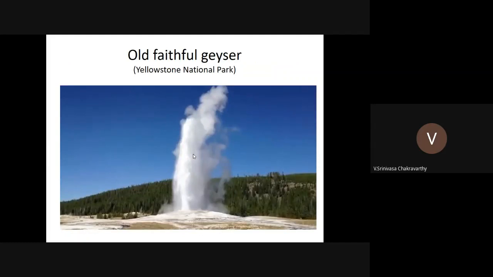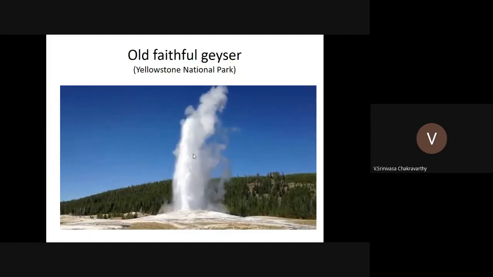The specialty of this is that a huge jet of hot water bursts out of this hole once in every so many minutes. It happens with very high regularity. It's not perfectly periodic, but almost like a biological process, though obviously it's a geothermal process.